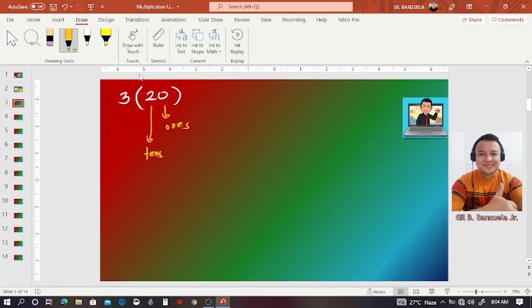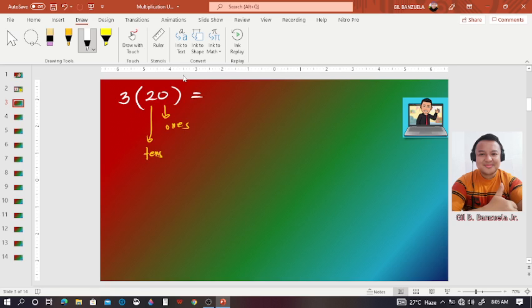Sir, what if ang nasa ones place natin ay 7? So 3 times 7 is 21. Iiwan natin ang 1, then carry over natin sa tens place ang sobra. Napag-usapan na natin yan sa ating basic elementary days.